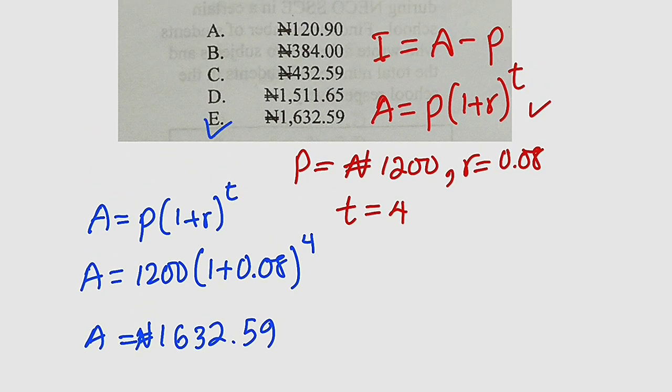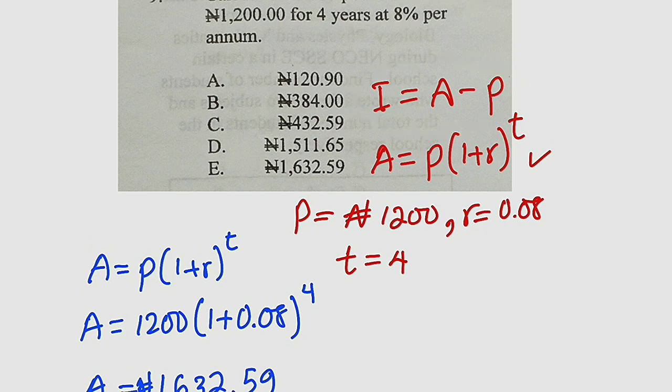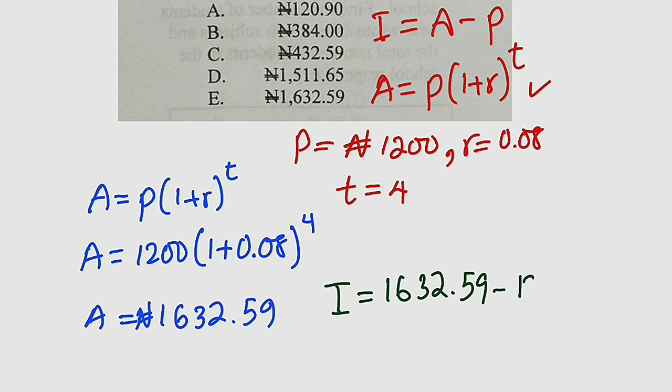But this is not the answer. We are looking for the interest, so you have to substitute into this formula. Therefore, the interest, which is I, is equal to the total amount, which is 1632.59, minus the principal amount, which is 1200.